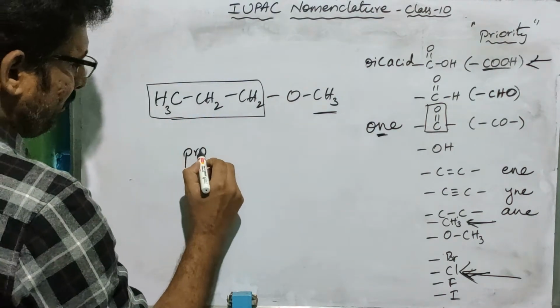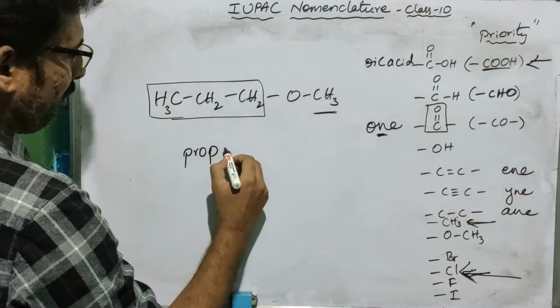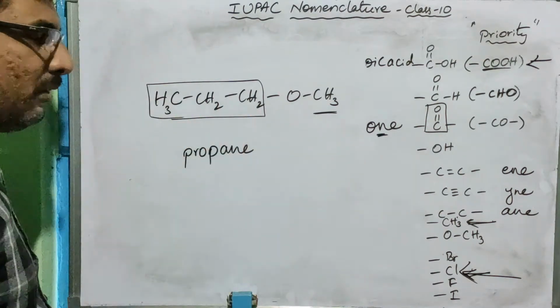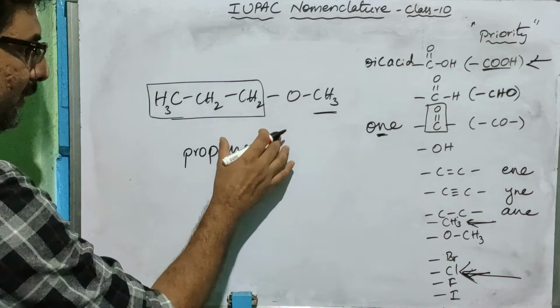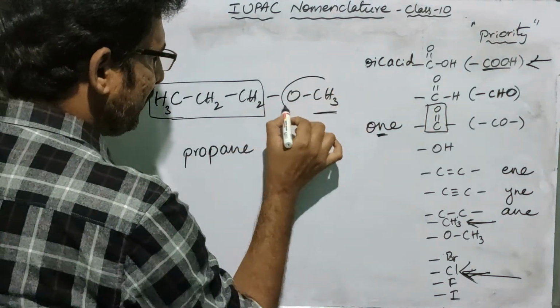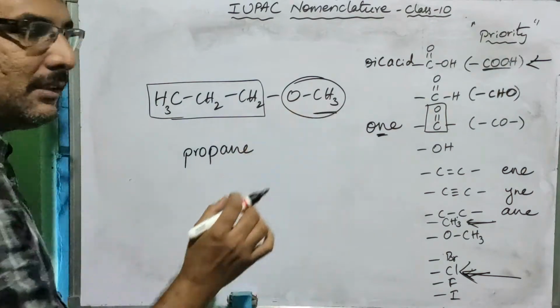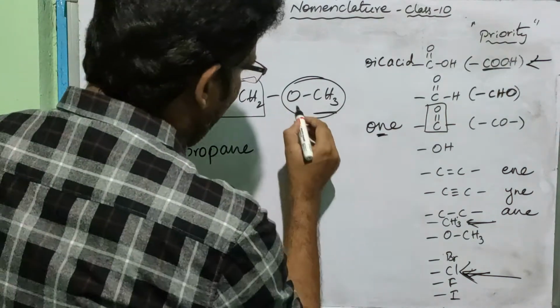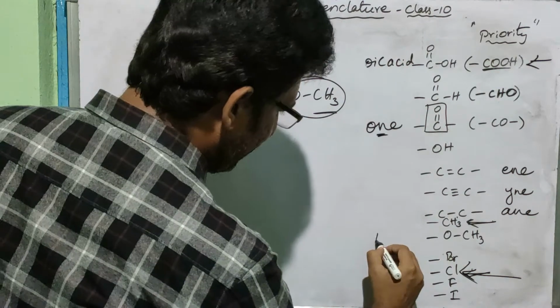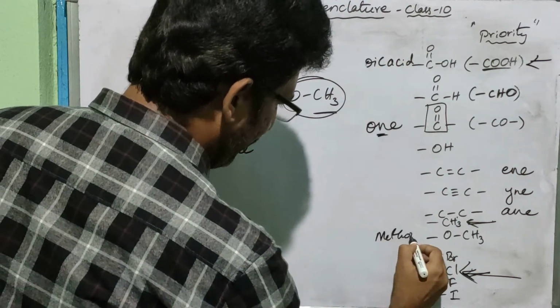For 3 carbons you will write prop, and with single bonds, propane. There is no functional group, and this OCH3 is taken as a substituent. This OCH3 is nothing but methoxy.